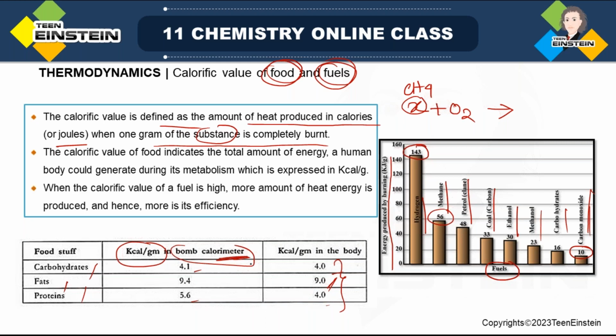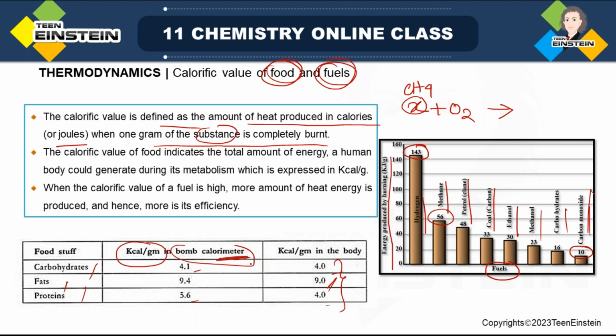When the calorific value of a fuel is very high, more heat energy is produced and hence it shows more efficiency. But for foodstuff, it tells us how much energy we can expect when that type of food is metabolized. So though calorific value is mostly used for fuels, if we compare carbohydrate and fat, in the case of fat more heat is liberated, so the calorific value is also high.